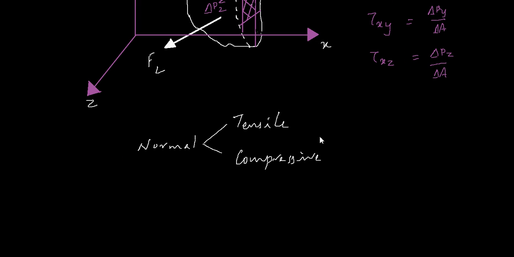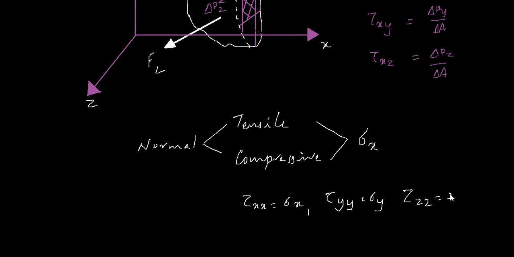And again, the normal stress is usually denoted by the term sigma with a single subscript, which is the axis of the force, x, defined by a single subscript. So in this case, tau xx is sigma x, and sometimes you have tau yy, which is sigma y, and tau zz is sigma z. So these are the three normal cases.